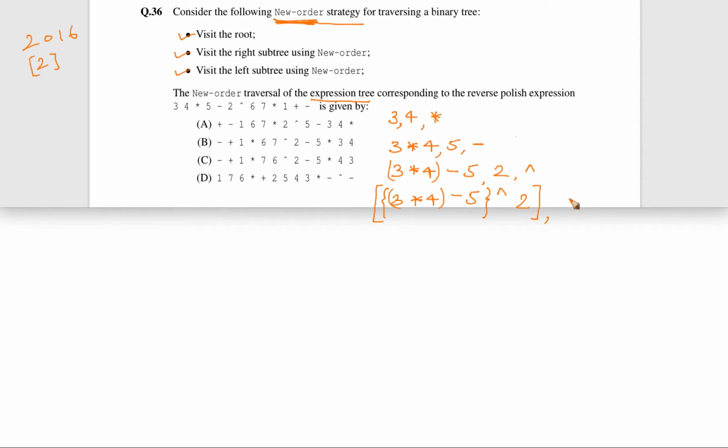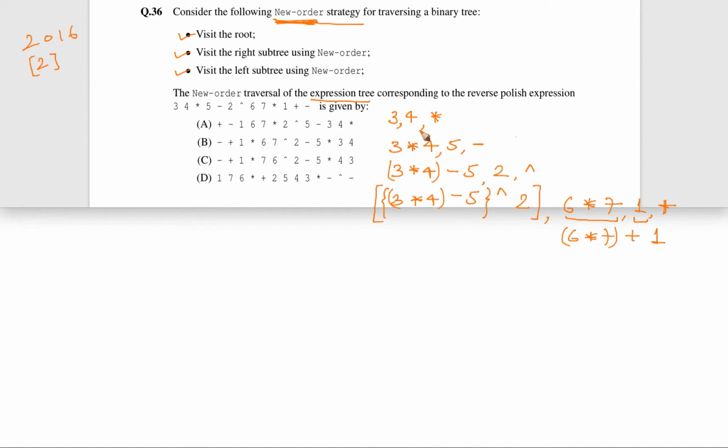Okay, this is there. Then we are getting 1, then we are getting plus. Again we are getting an operator, which means that this plus operation is on the two arguments, this and this. 6 into 7 plus 1, so it means something like this: 6 into 7 plus 1, isn't it?